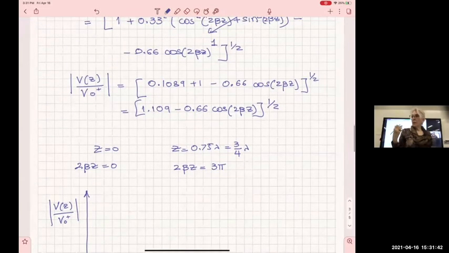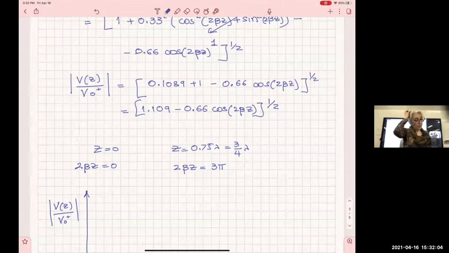Okay, let's see. So cosine 2 beta z varies from 0 to 3 pi. So obviously, from 0 to 3 pi, it goes through minima and maxima. So the minimum of this function happens when cosine 2 beta z gets its value of 1, because that's when you subtract 0.66, the largest number, right?